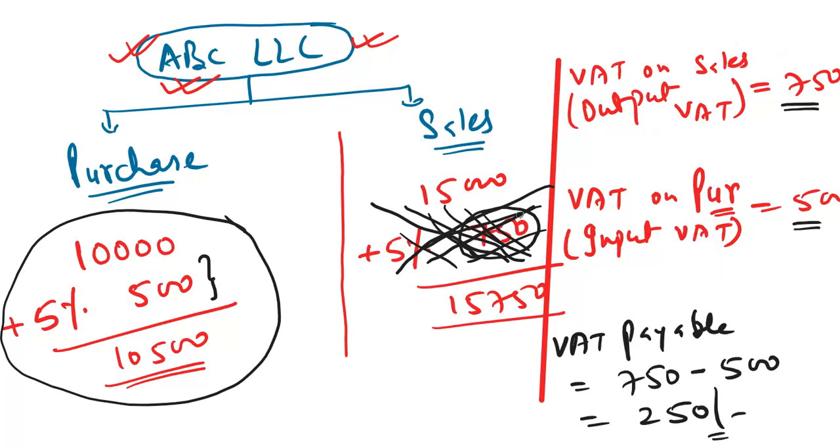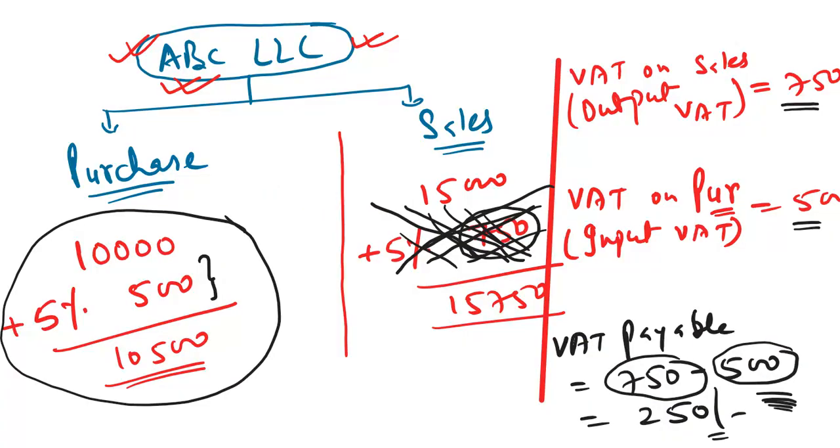When we do this 750 minus this 500, it means this input tax that I already paid to the supplier, I am recovering it. What I told you: out of 750, take this 500 back and keep it in your pocket. So you are recovering the input tax. Understand carefully: when output tax minus input tax, the rest of the amount you pay to the government authority.